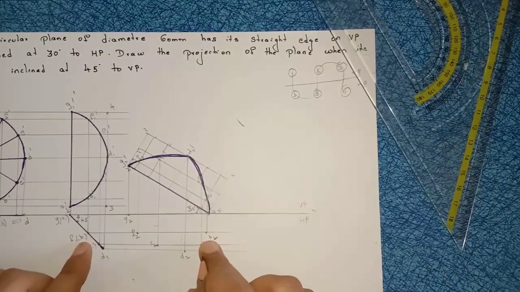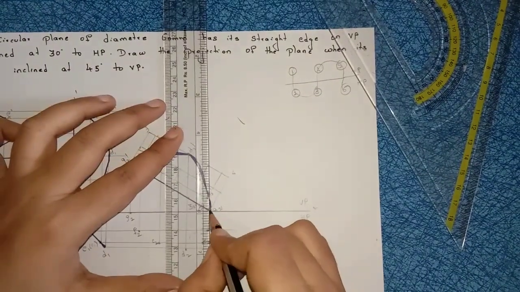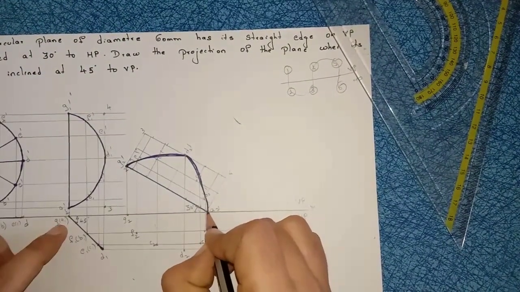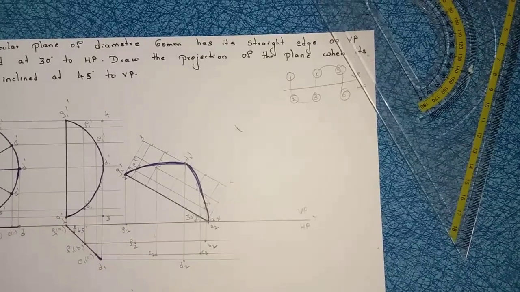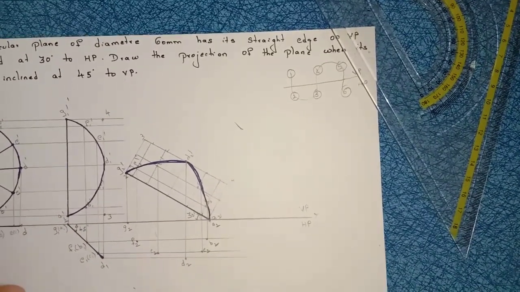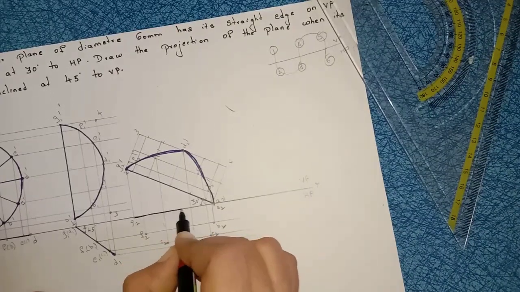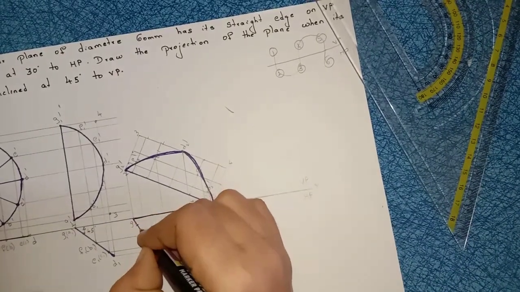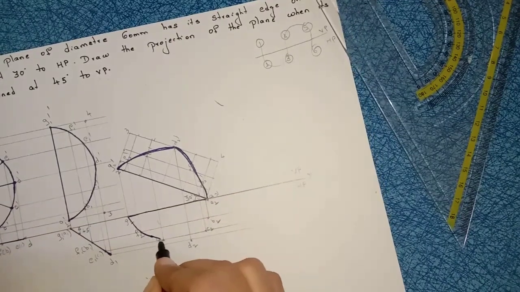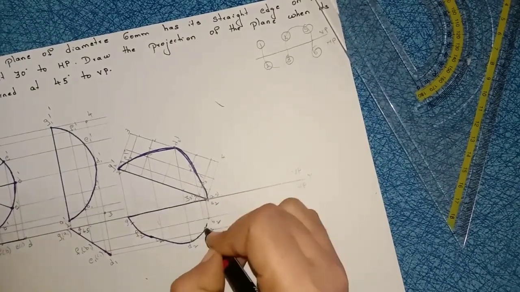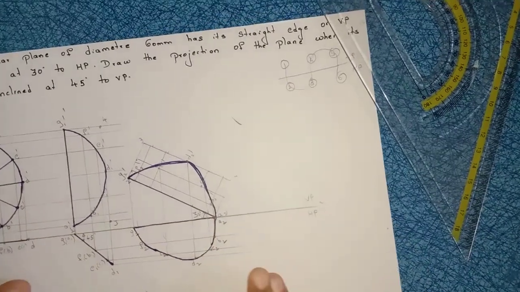Next from A, again the A point is here only, no, so I am writing here A2. Right, so now I will join this A2 G2. Right, if you join all these points you will get the shape of the semicircle.